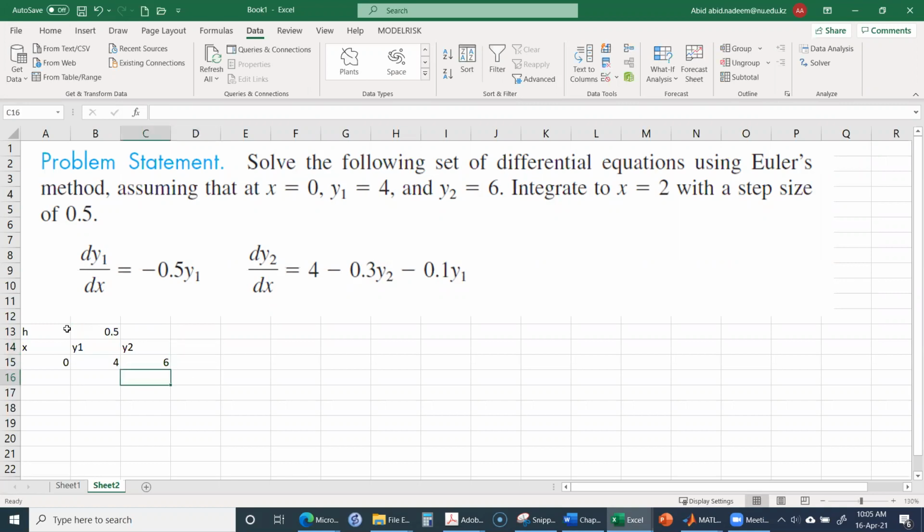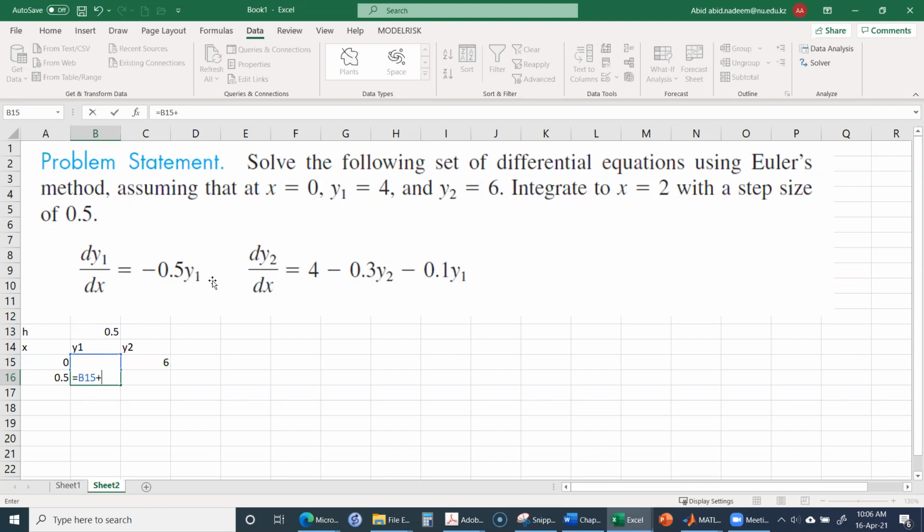For Euler's method, we find the new value, starting from the initial values. The new value will be at x equal to 0 plus h, that is x equal to 0.5. The new value will be equal to the old value plus the value of dy over dx.